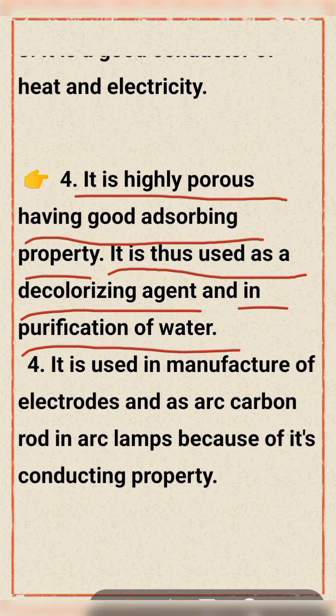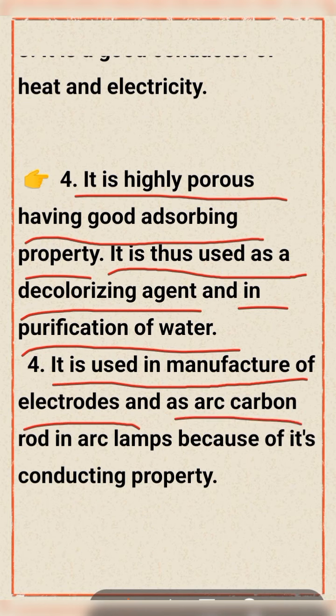But gas carbon is used in manufacture of electrodes and as arc carbon rod in arc lamp because of its conductive property.